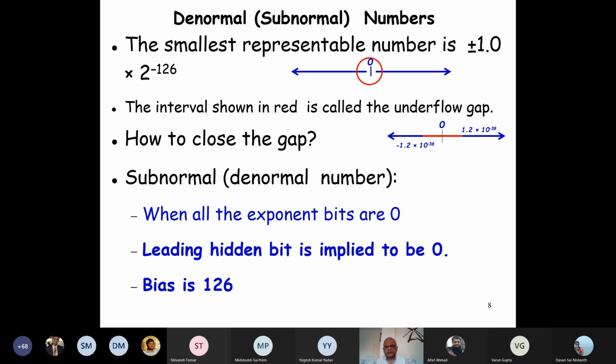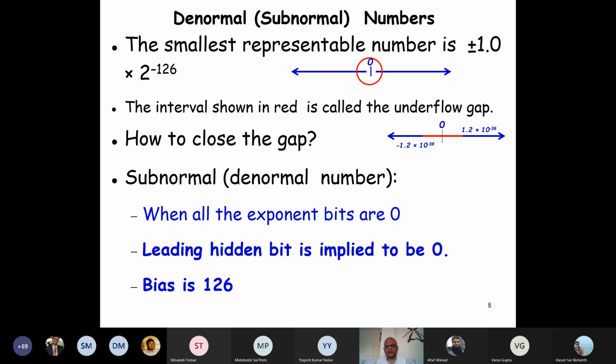The red one here, that is an interval we cannot represent. And if you get a value on this red line, you will get an underflow in your computation if we didn't have the denormal numbers, because we cannot represent that. The smallest number we can represent is 1.2 into 10 to the power minus 32.